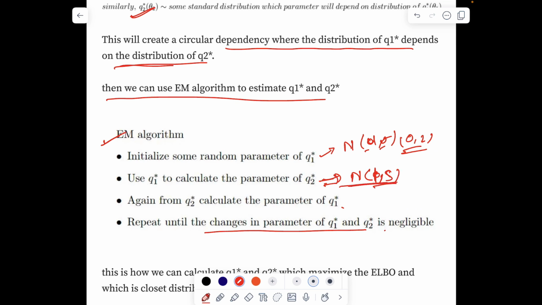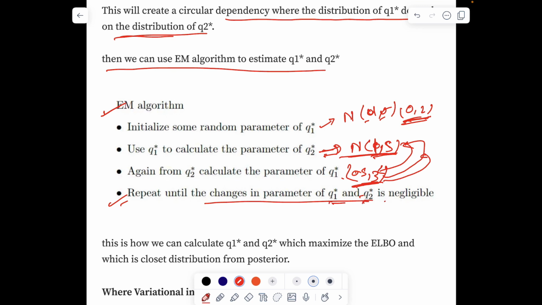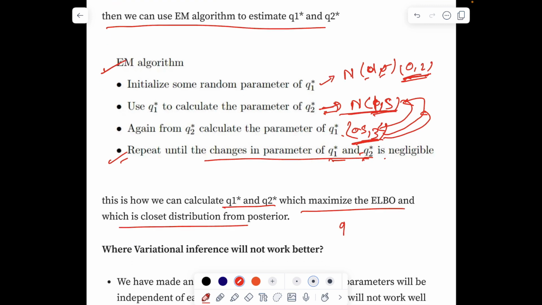Now, because q2 is dependent upon q1, we again calculate q1, and let's say q1 was initialized as 0 and 2, but it will get to 0.5 and 3, something like that. Now from q1 again calculate q2, and do it until you see a negligible change in the parameters. So repeat this process until there is negligible change in the parameters of q1 star and q2 star.